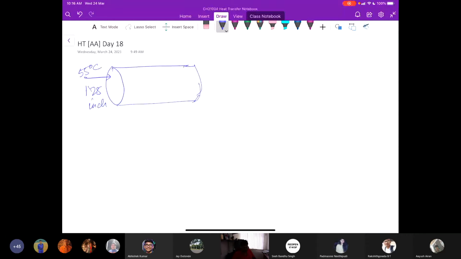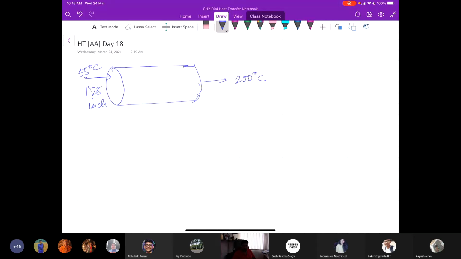There is a source of heat, and this water goes out of the tube at 200 degrees centigrade. Consider the inner surface is smooth, there is no roughness.